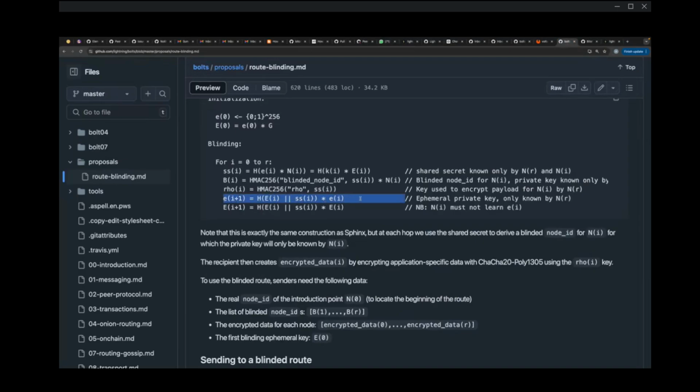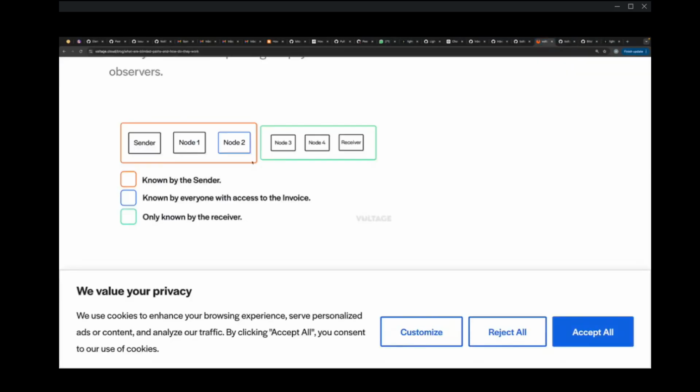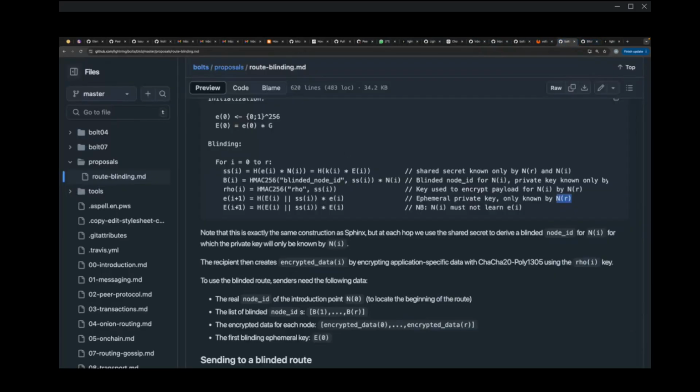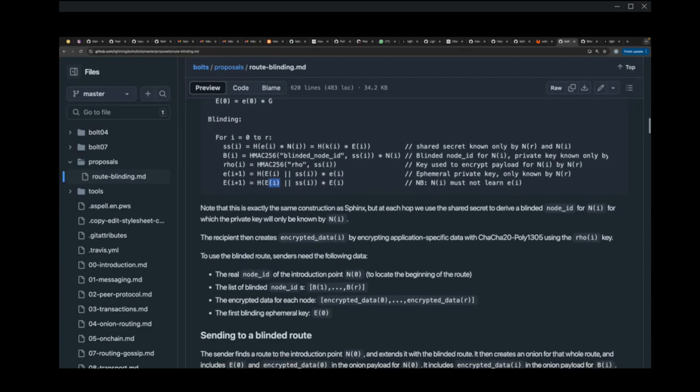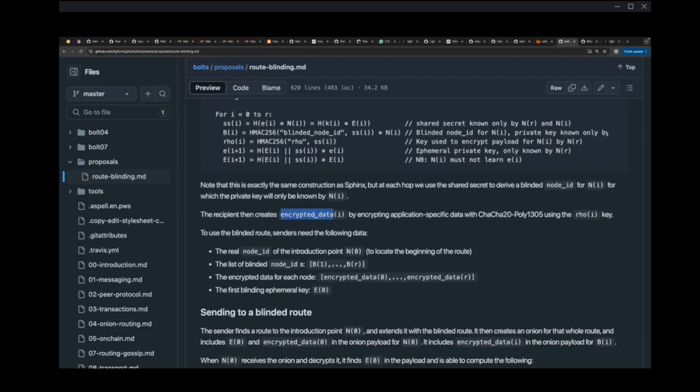The private key is derived only by NR. Node 3 won't know the private ephemeral key of node 4, but it would be able to generate the public ephemeral key using the shared secret and its own ephemeral public key. And then there's encrypted data which is sent to the node, which could only be decrypted using the rho key here.